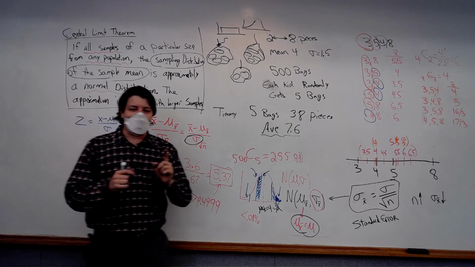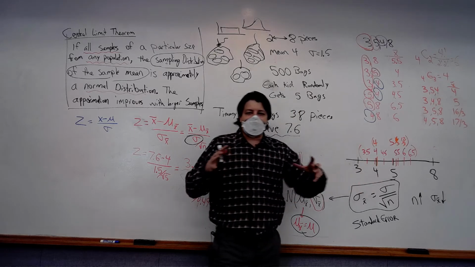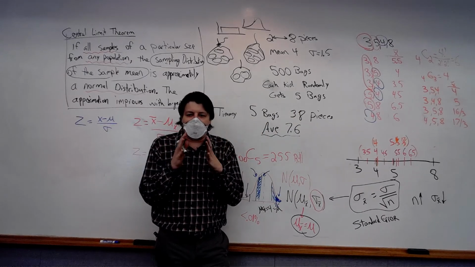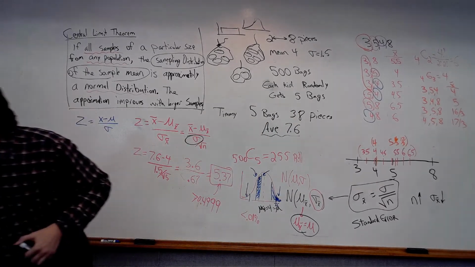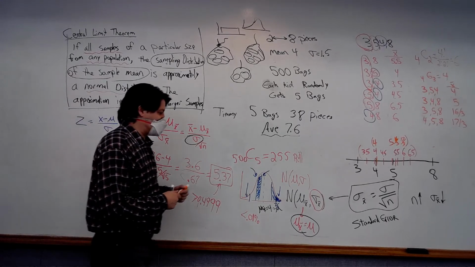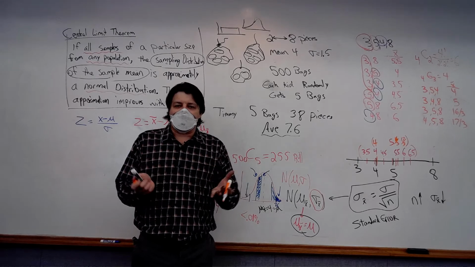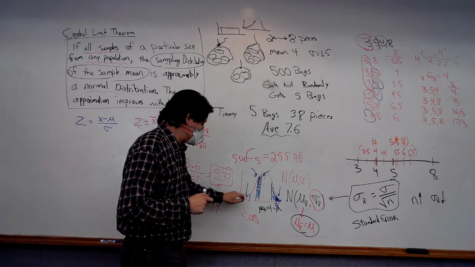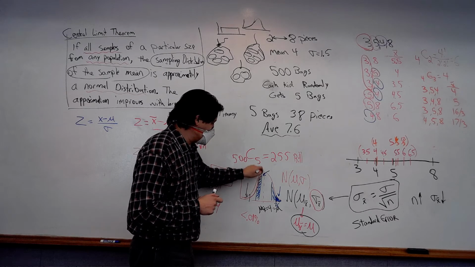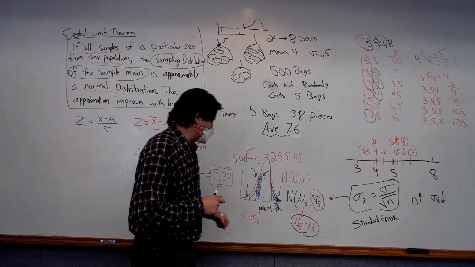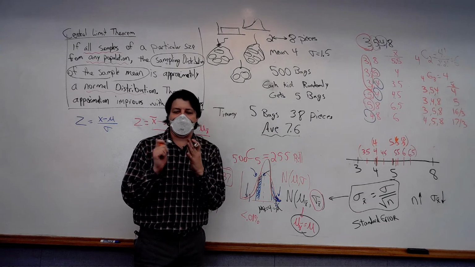The other thing that happens, and we saw that over here, is that as the sample size gets bigger, the distribution gets tighter. If, for instance, we had let all of the kids take 10 bags instead of 5, our sample size has gone up, and it's a tighter distribution. What does that mean?